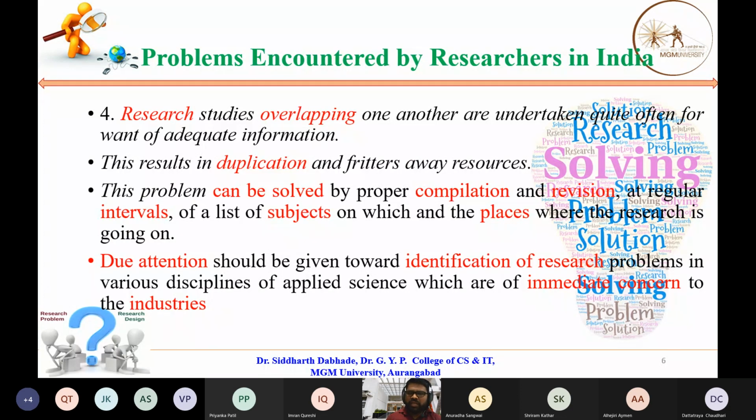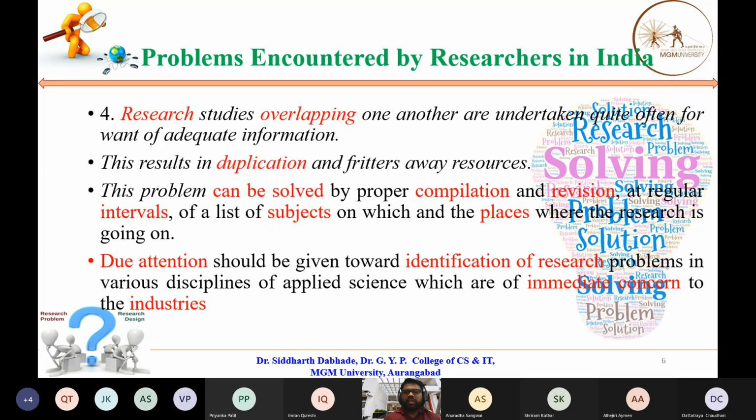The fourth point is that research studies are always overlapping each other. You know that I'm working in a particular domain. One of my colleagues is also working in the same domain in another university, another department, another state. Most of the researchers are working on the same domain with the same technique. So because of that, duplication is created, the replication of that research work.